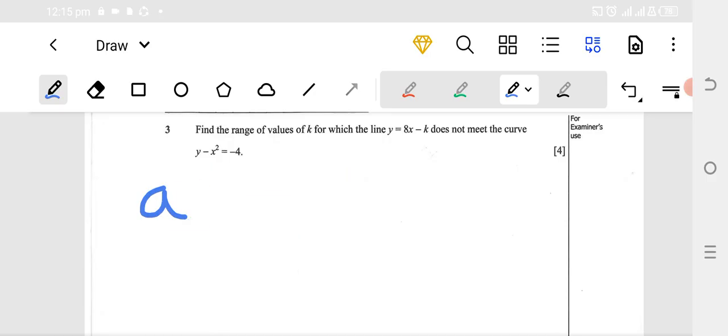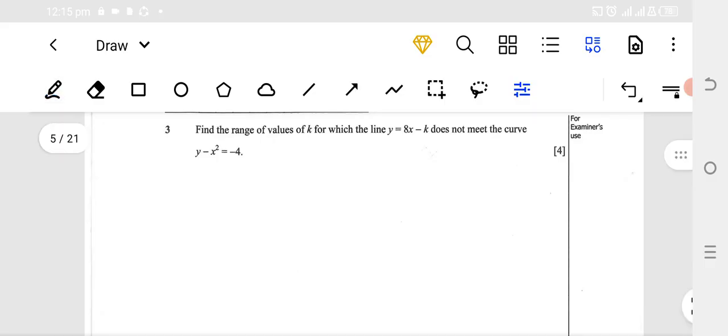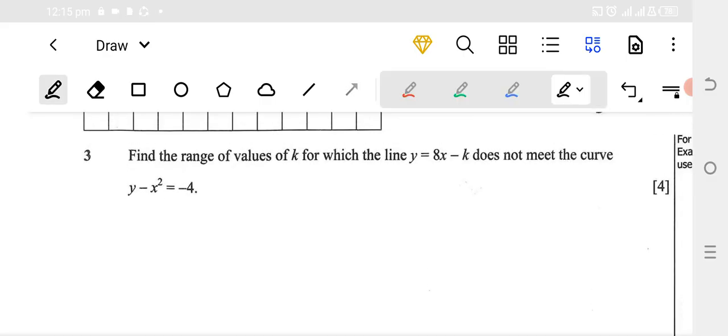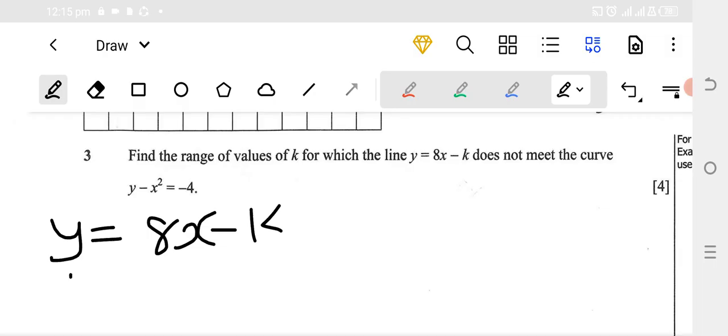So let's use the black ink. Let me also increase so that you can see what I mean. So y is equal to 8x minus k, and then we have y minus x squared is equal to negative 4.